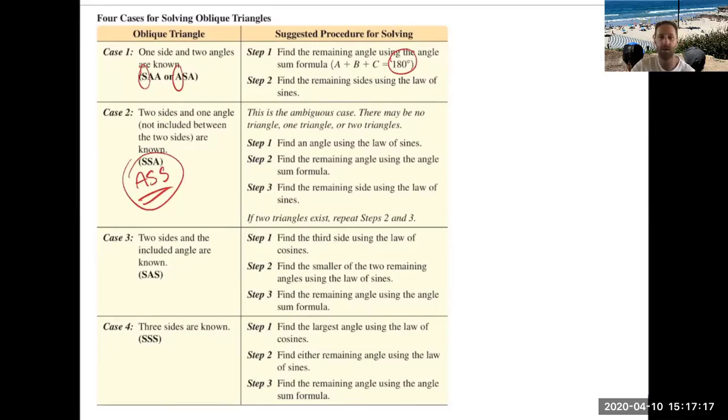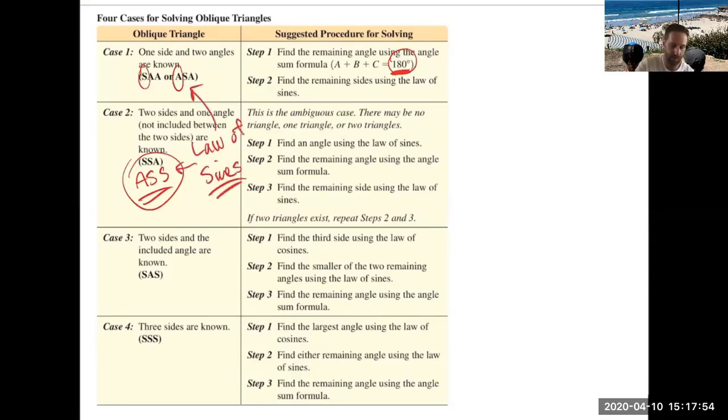Once you find the unknown angle, take that and find its supplement. And once you've found the supplement, see if that allows you to use the original angle that they gave you in making a third, which again, has to be less than 180 in order to make a second triangle. If it's over that, then you can't. Pretty simple, not too bad. And remember, these are when we're going to be using the law of sines.